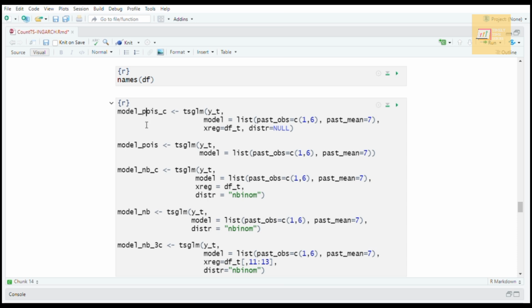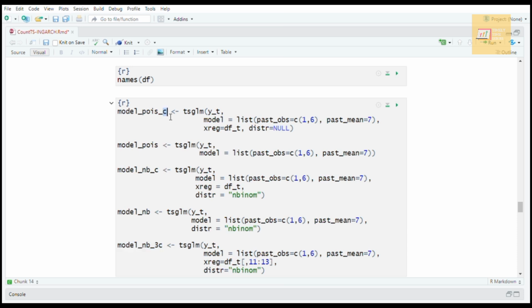I will fit several models. First of all, as I said earlier, I'm going to try to assume both distributions. So the Poisson here, model Poisson and model Poisson C are assuming Poisson distribution, while the rest of them, model NB, model NBC, and model NB3C, are using negative binomial distribution.